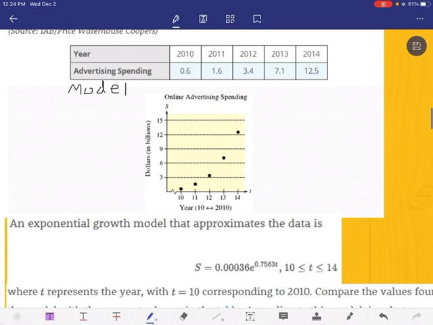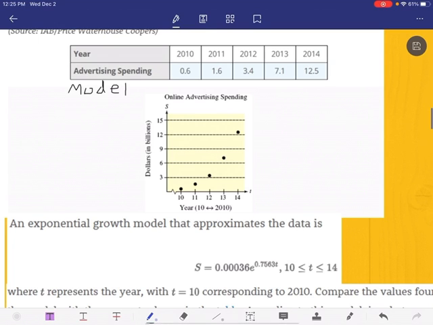You would want to use a scientific or graphing calculator to plug those numbers into, because otherwise it's not going to be very pretty numbers, so you wouldn't want to do it by hand. You would use S equals 0.00036 e to the 0.7563 times t, and then plug in each of the values between 10 and 14. Be careful because we're not plugging in 2010, we're just plugging in 10.